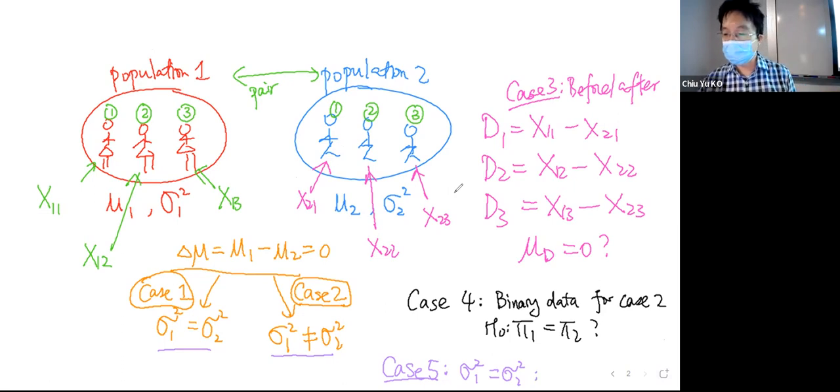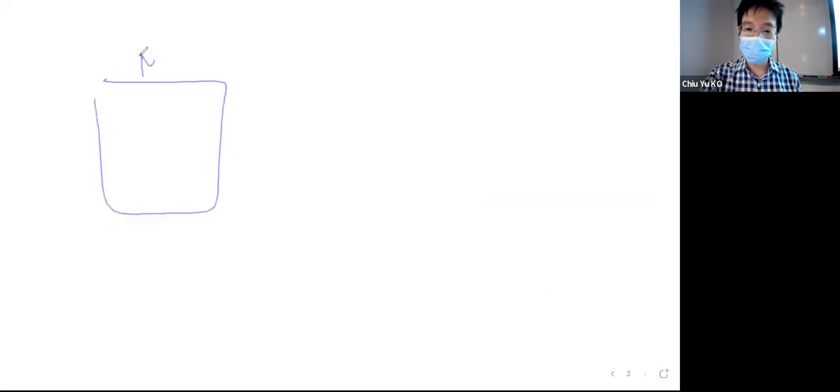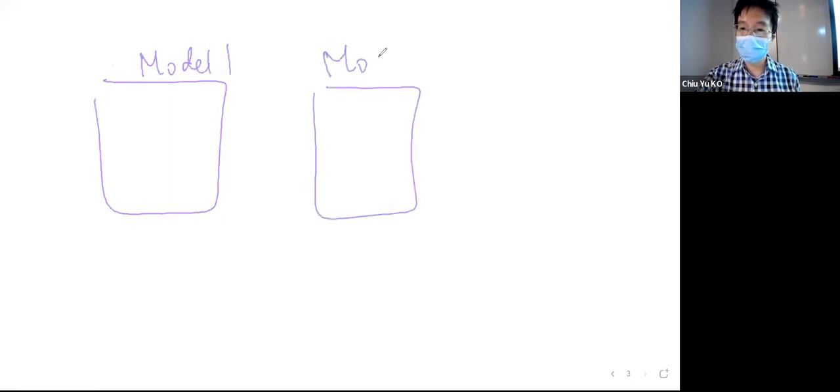So basically, what you do is compare how a mathematical model works. You have two different models, model 1 and model 2. Maybe I have a slide. So I have model 1 and model 2, and they can be some mathematical model.